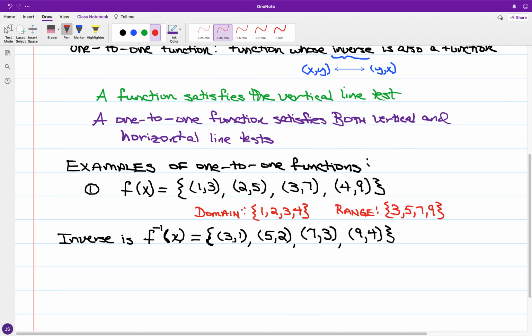And for the domain, this time we have 3, 5, 7, 9. And for the range, we now have 1, 2, 3, and 4.